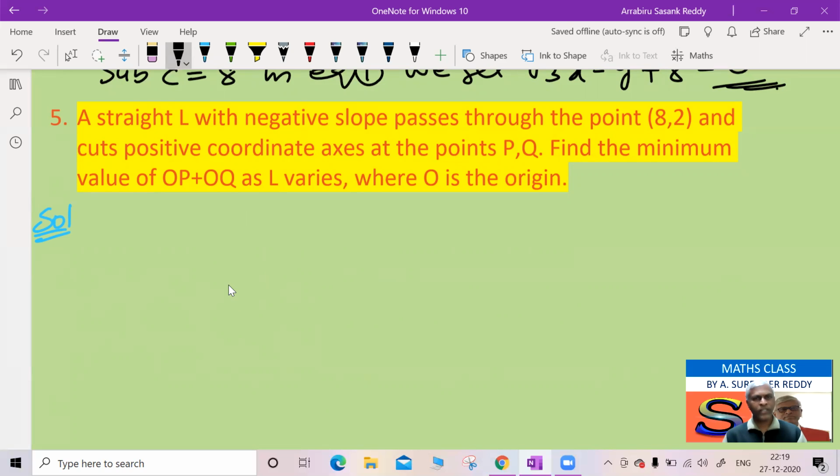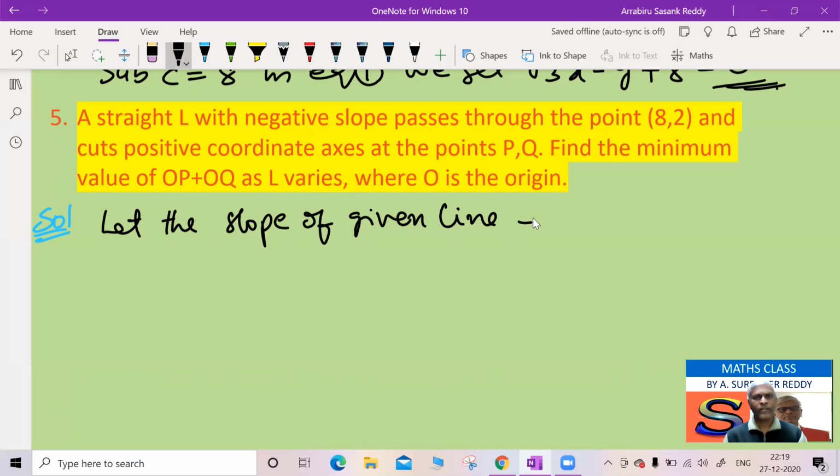Now look at what is given in the problem. A straight line L with negative slope. So negative slope is there. So let the slope of the given line be m is equal to minus n, where n is a positive integer.